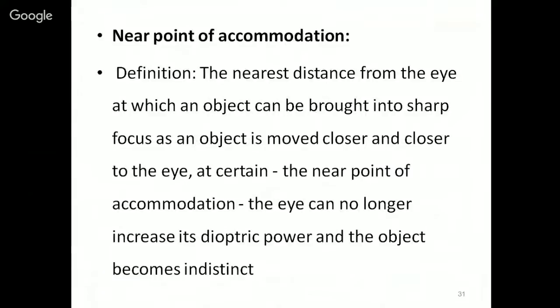Now we come to the near point of accommodation. It is the nearest distance from the eye at which an object can be brought into sharp focus. As an object is moving closer and closer to the eye, at a certain point, this is the near point of accommodation, the eye can no longer increase its dioptric power and the object becomes unclear, indistinct.